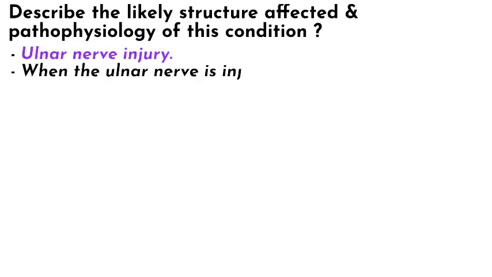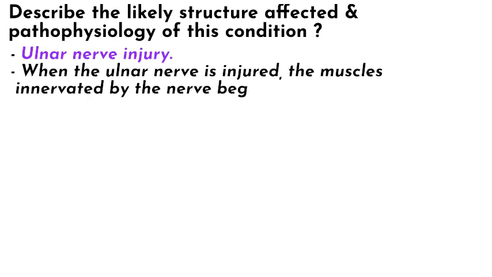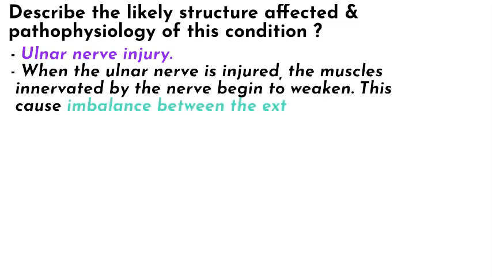Describe the likely structure affected and pathophysiology of this condition. It is an ulnar nerve injury. When the ulnar nerve is injured, the muscles innervated by the nerve begin to weaken. This causes imbalance between the extrinsic and intrinsic muscles.